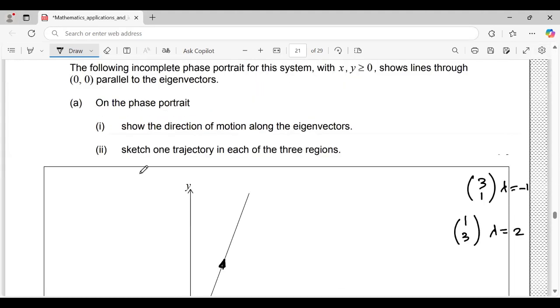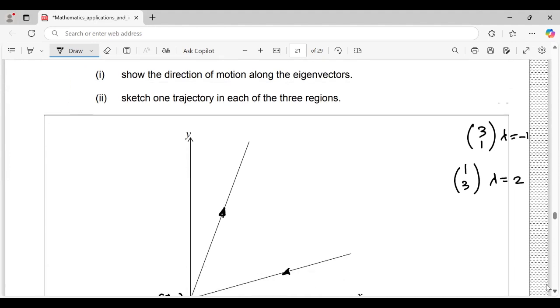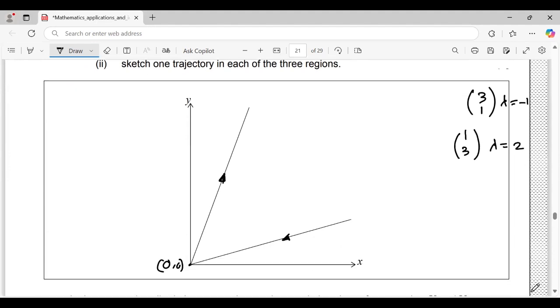What else? Sketch one trajectory in each of the three regions. This is the first region, the second region, and the third region.